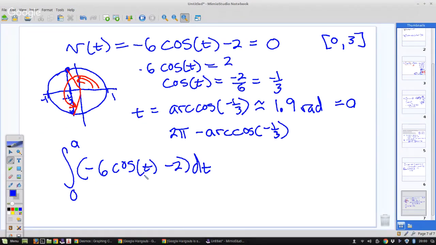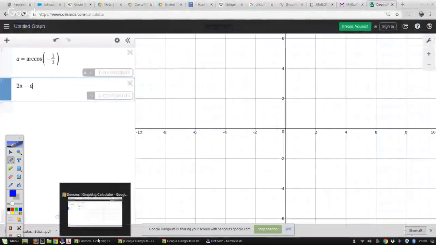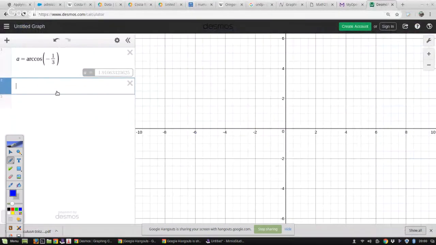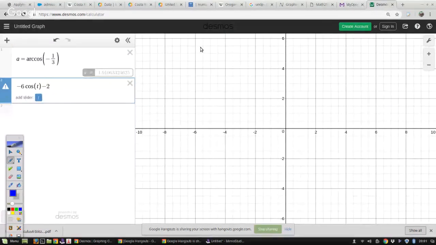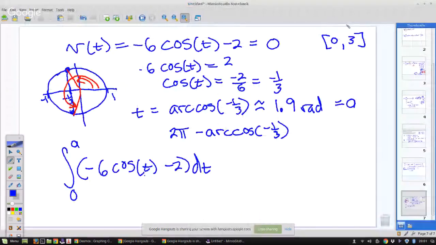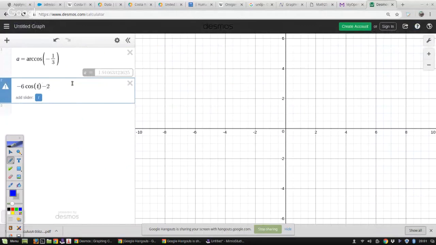Let's see. So if I were to plug in, I have to check which part's positive and which part's negative. Brackets, we have -6 times cosine of t minus 2.